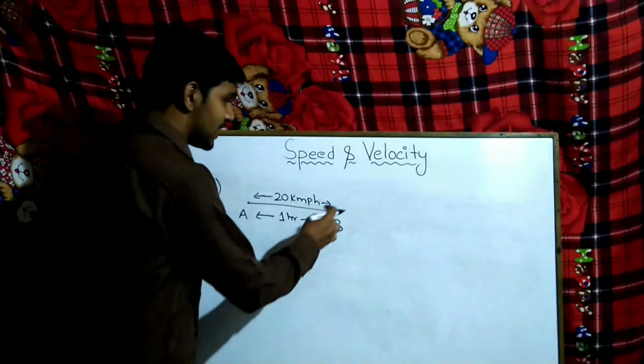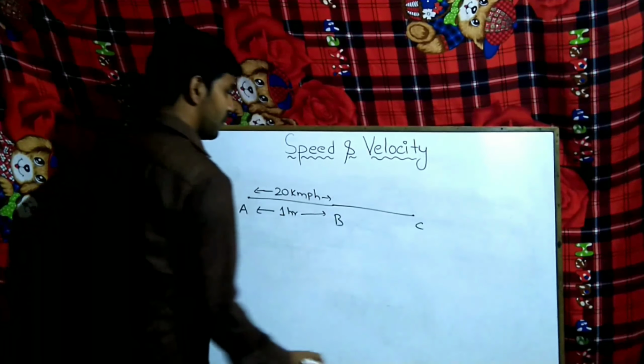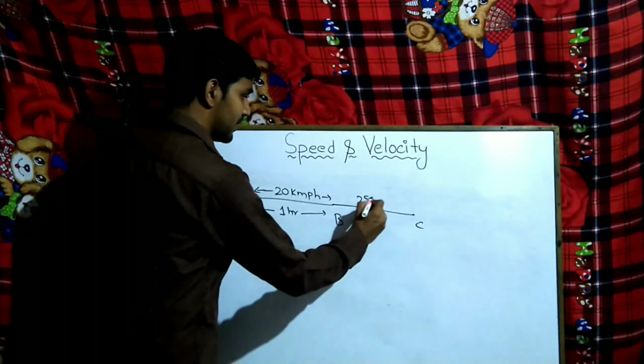But again it moves from B to C with a speed of 25 km per hour.